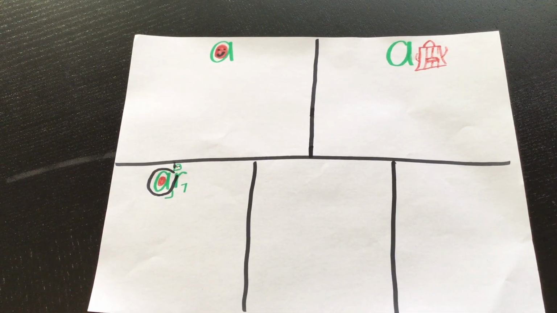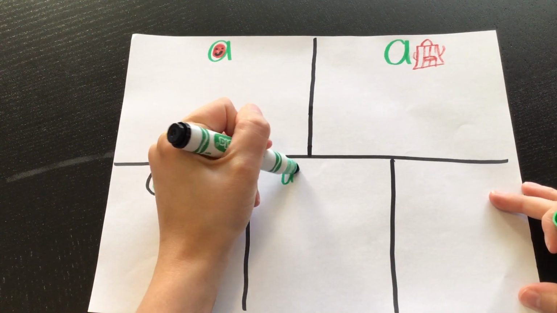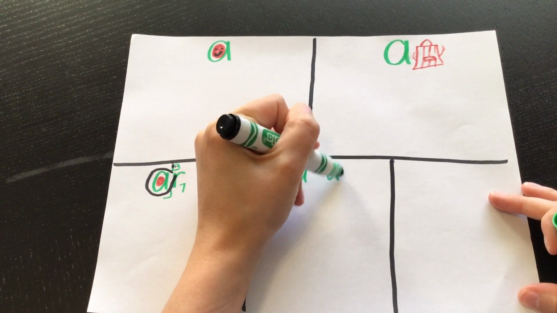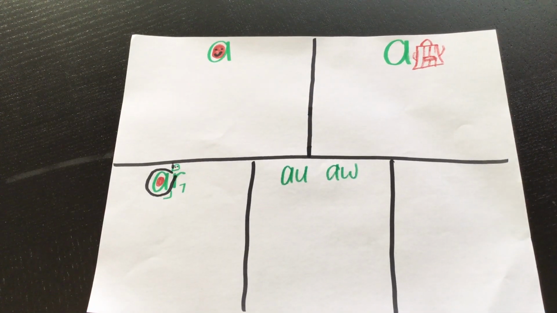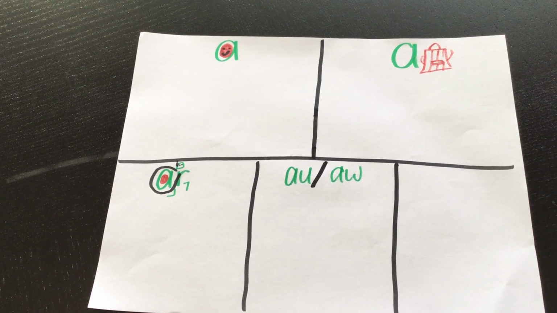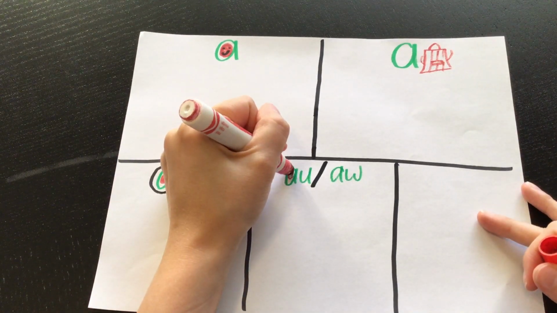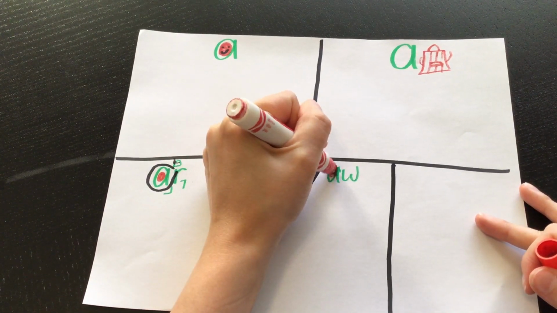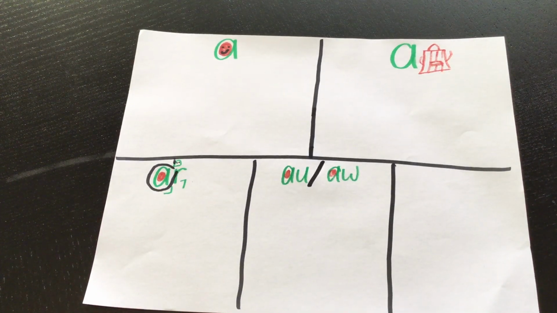And then we also know that AU or AW makes that aw sound, right? So we've got AU and AW. They can both make this aw sound. So let's put Annie Apple in both of these letter A's. And then we can draw a little walrus.